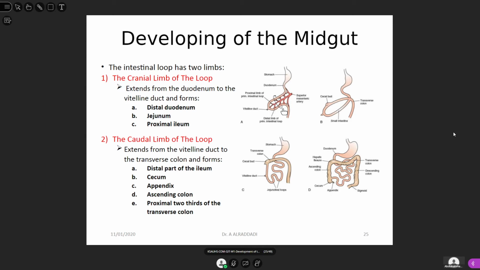And the distal limb will extend from the vitelline duct up to the proximal 2/3 of the transverse colon. This part will give rise to the distal part of the ileum, cecum, appendix, ascending colon, and proximal 2/3 of the transverse colon.